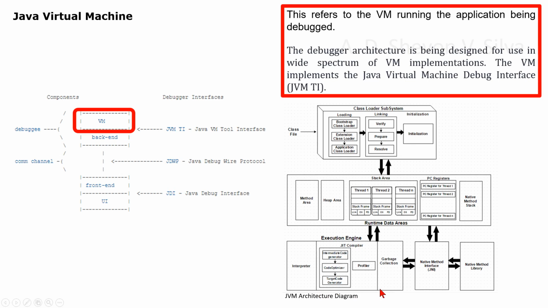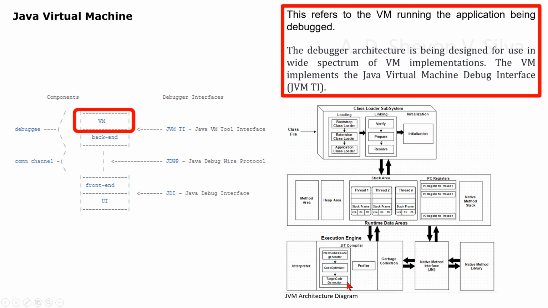Interpreter, just-in-time compiler and garbage collector are inside the execution engine. Intermediate code generator, code optimizer, target code generator and profiler are inside the just-in-time compiler. Intermediate code generator is connected to code optimizer.